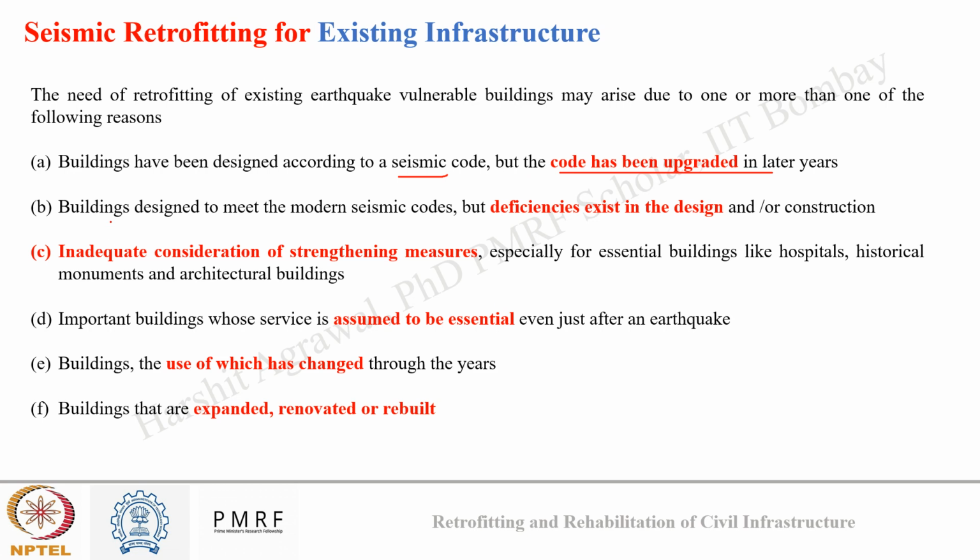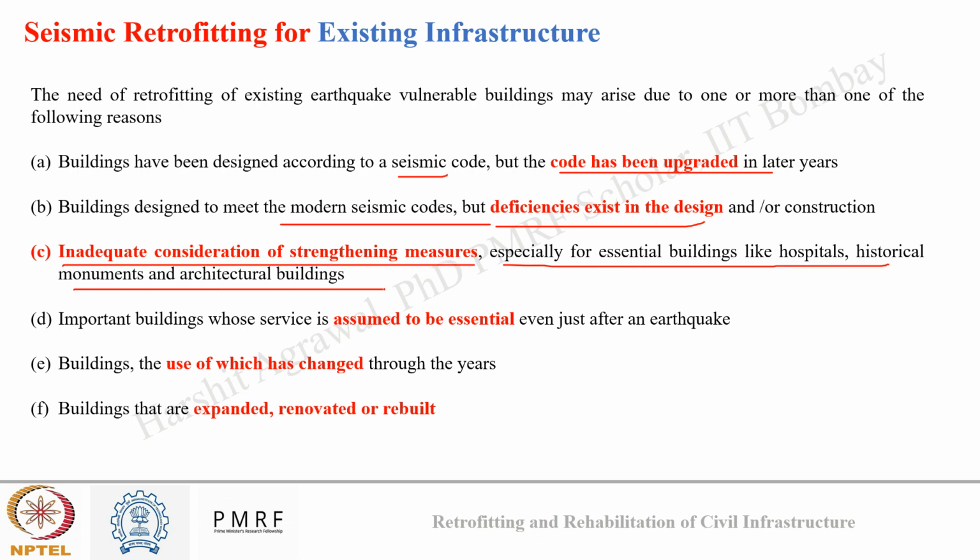Or the building was designed to meet the modern seismic code, but there are deficiencies in the design that can make your structure vulnerable to earthquake damage. Inadequate consideration of strengthening measures, especially for essential buildings like hospitals, historical monuments, and architectural buildings, can also pose risks for earthquake damage.